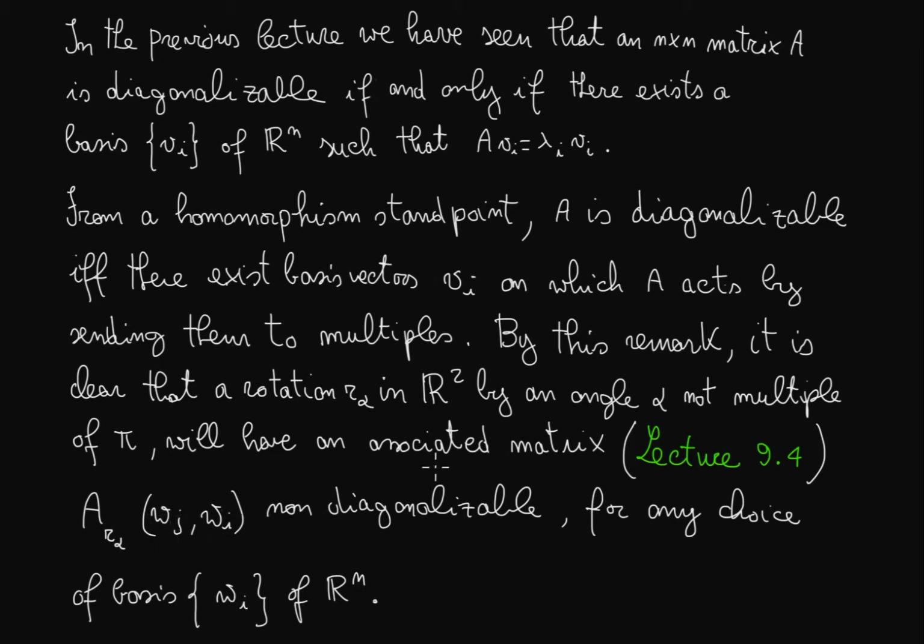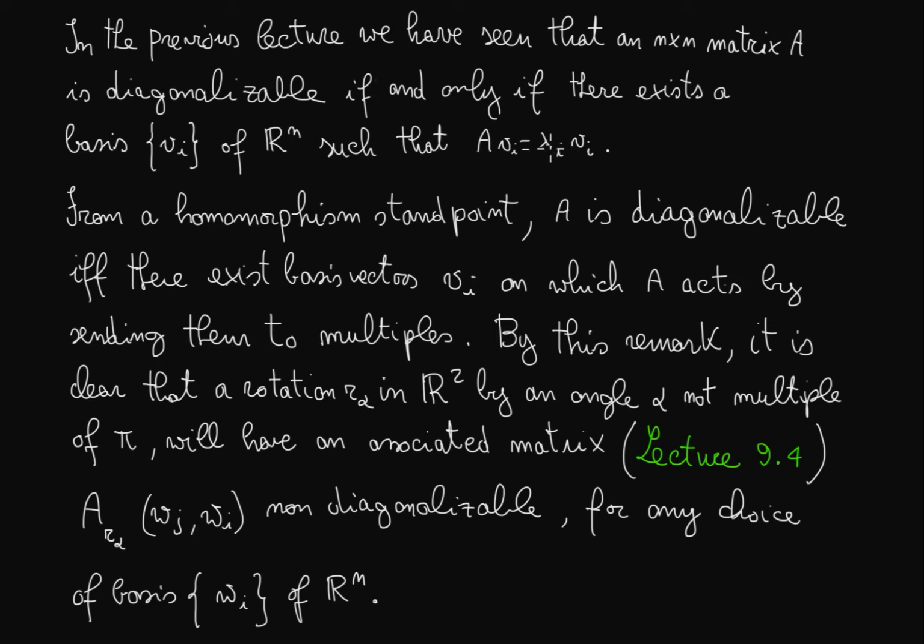Why is that so? Because a rotation in R squared acts on any basis by just rotating each individual vector by alpha. And therefore these vectors are not being sent to multiples of each other. Except, of course, if the rotation is by an angle pi, in which case the basis vectors are sent to their opposite.